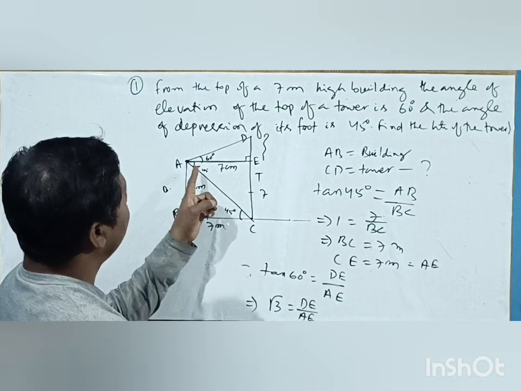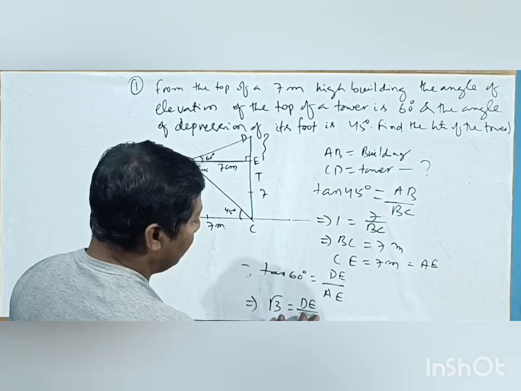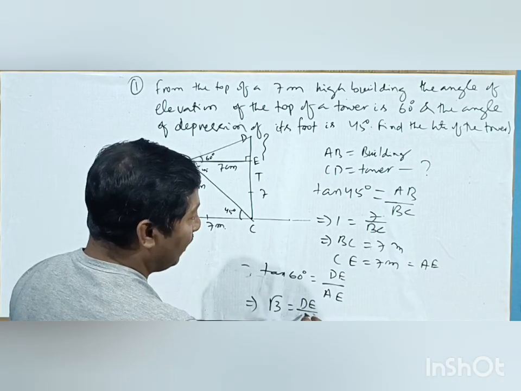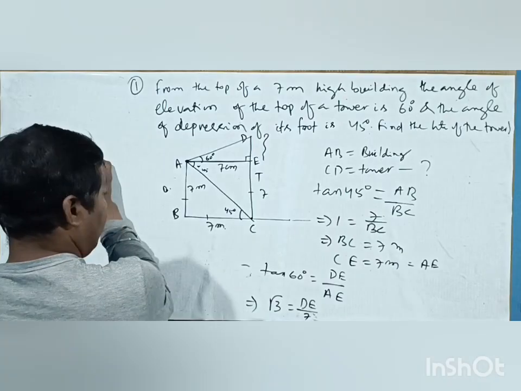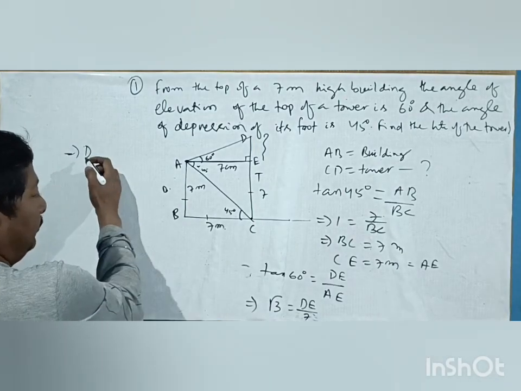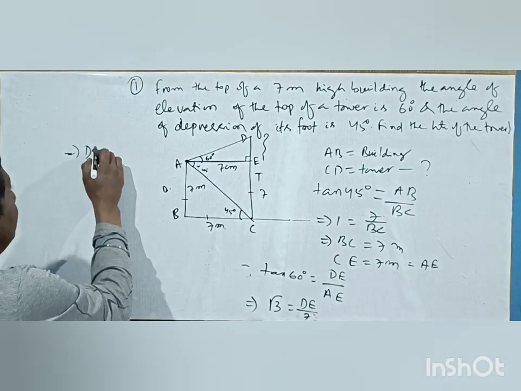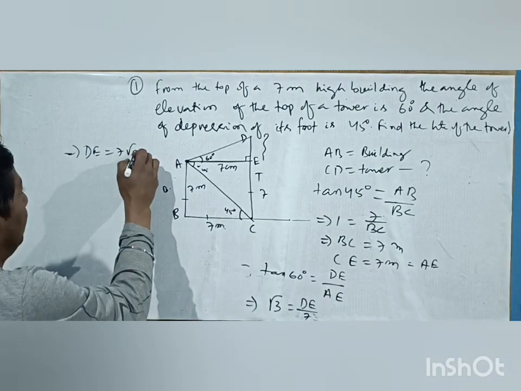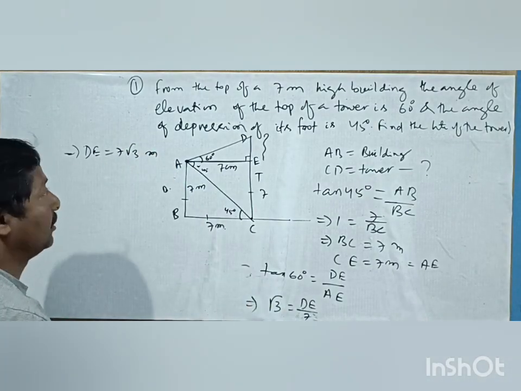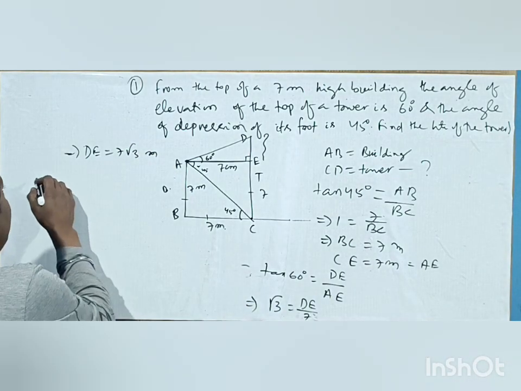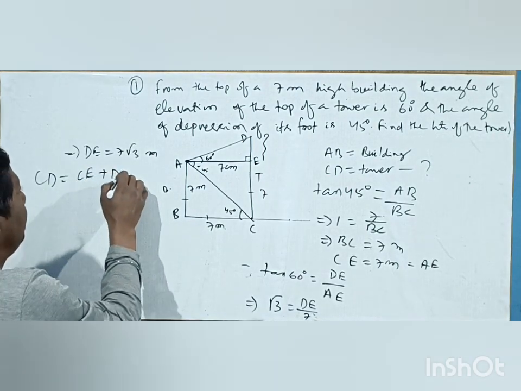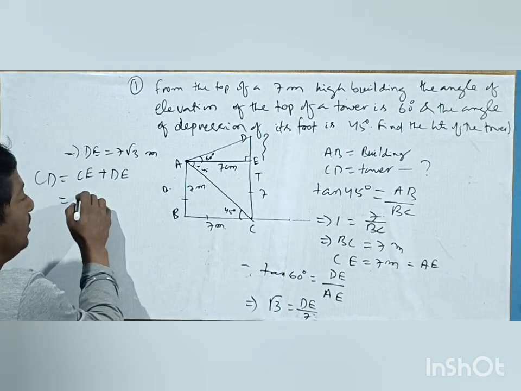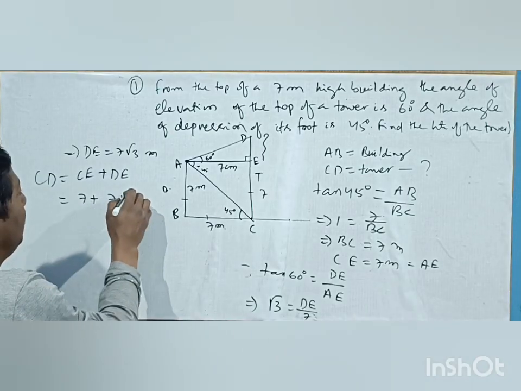We know the value of AE is 7. That means DE equal to 7 root 3 meter. Understood? Now I can calculate CD because CD equals C plus DE. C is 7 and DE is 7 root 3.